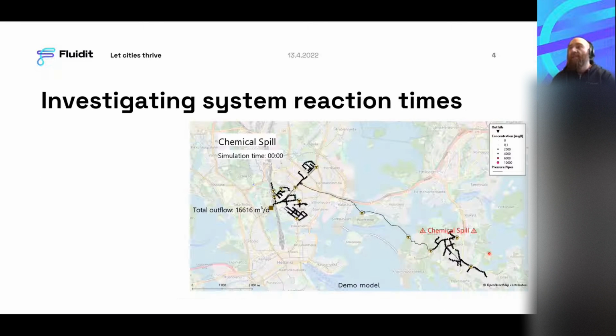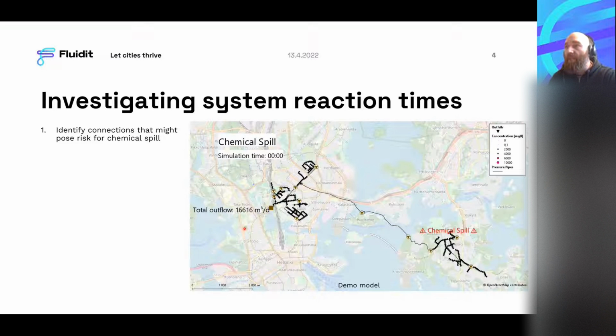Then in investigating the system reaction times, I have a scenario with a chemical spill happening here and just modeling throughout the system of a few pumping stations, transfer lines, and some gravitational lines. So how long does it take to reach the treatment facility there?